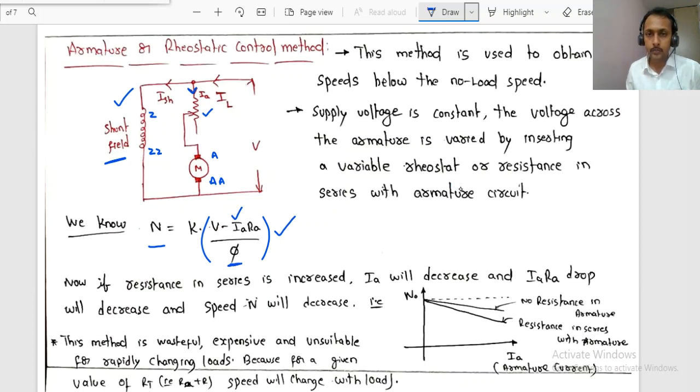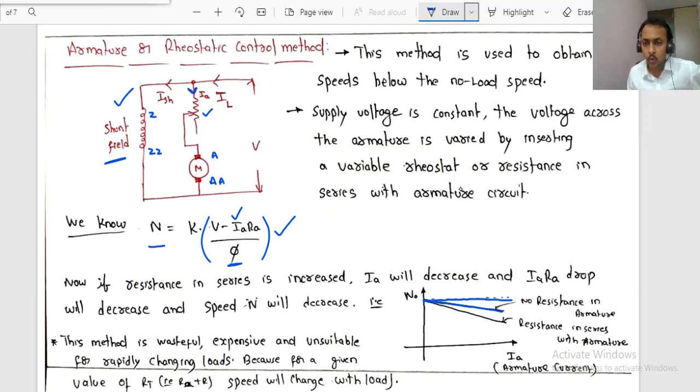Right? Now, if slowly by increasing the resistance, if it is added, the speed, observe, it is getting reduced. If this is some reference value or rated speed, under no load, without any control, no resistance is added in the armature, right?